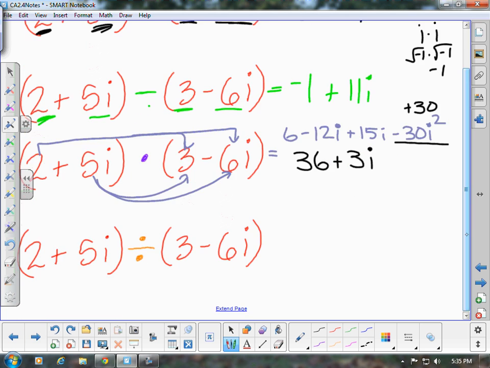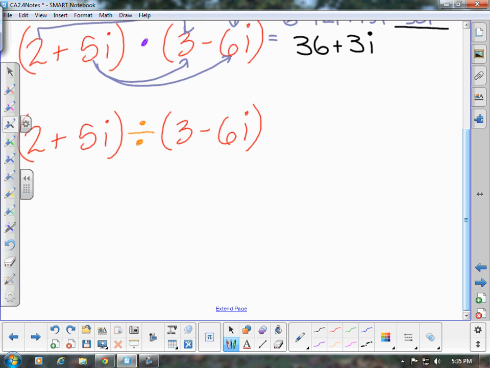And finally, if you had to divide, you would first write it as a fraction, 2 plus 5i over 3 minus 6i. And just like with square roots, you cannot have an i in the denominator, so you have to multiply both the numerator and the denominator by 3 plus 6i.